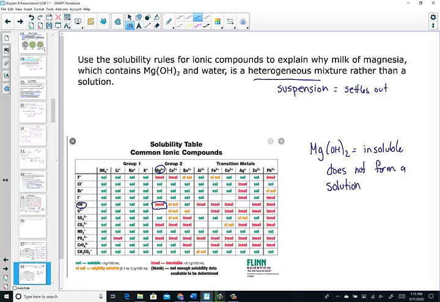So therefore, it's classified as a suspension, which is a heterogeneous mixture. And I remember that those solute particles settle out over time. Before you use it, you better shake it well because all the active ingredient is sitting at the bottom, settled out, and you have to shake it and get those particles back into the suspension before delivering the medicine.